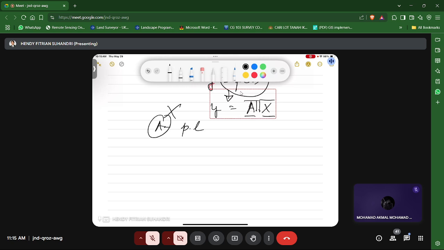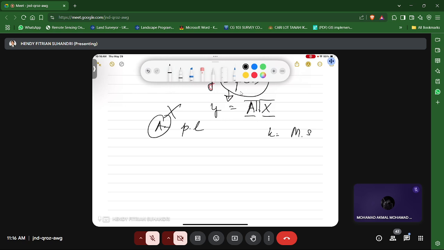Let's see in general if we have k equals, let's say, L or R or S, whatever it takes.